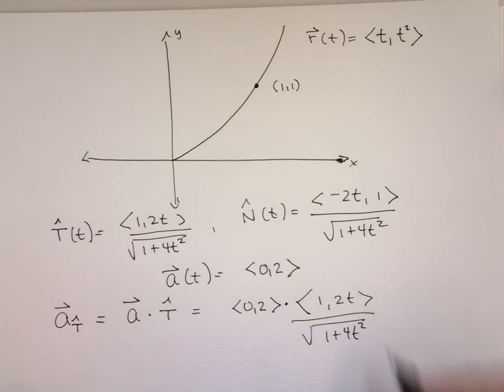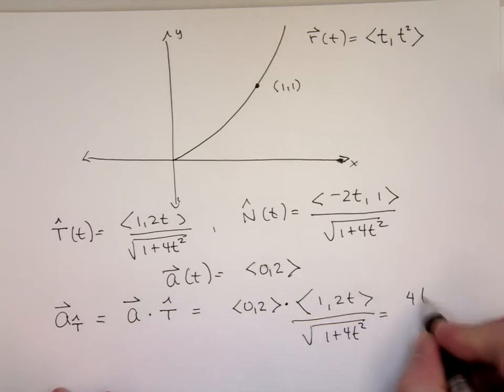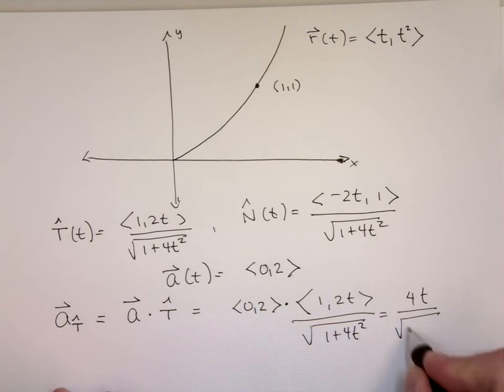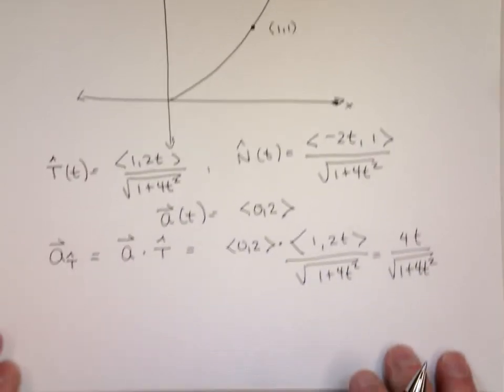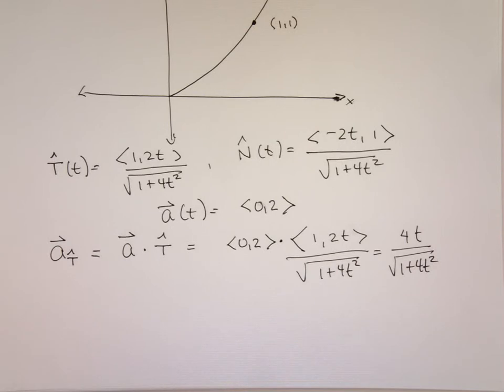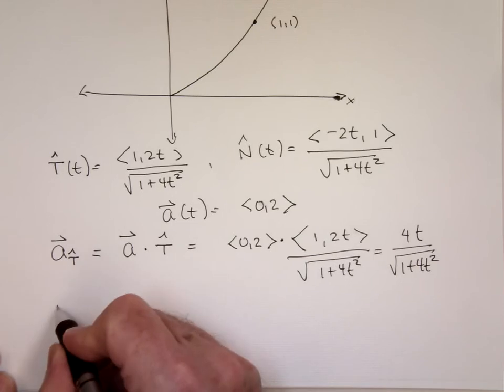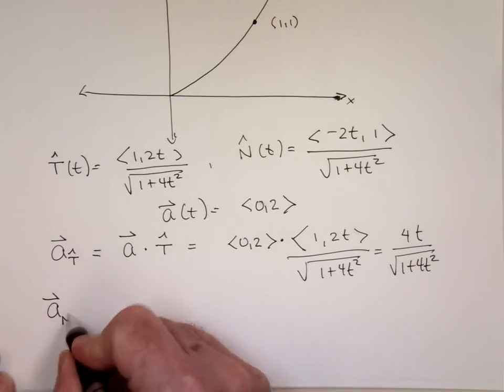That's equal to 4t over the square root of 1 plus 4t squared. That's the tangential component of acceleration for any value t. Let's do the normal one, A dot N.